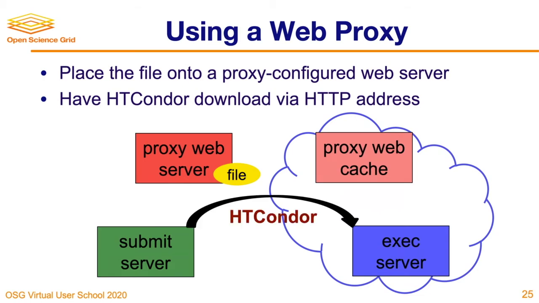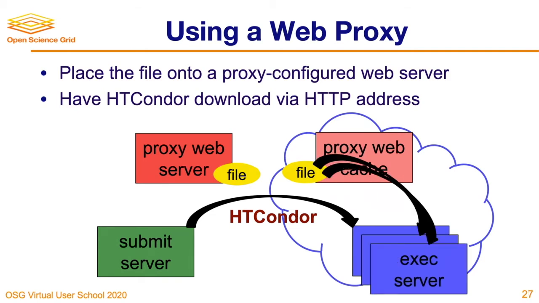So if we submit a job via HTCondor, our job will be transferred from the submit server to the execute server. And then we're going to pull that file down from the web server directly within the job. In doing so, the file will then be cached at a local web cache. And that becomes helpful because in the future, when we go to access that file, we can access the cached version, and it makes that transfer a little bit quicker.